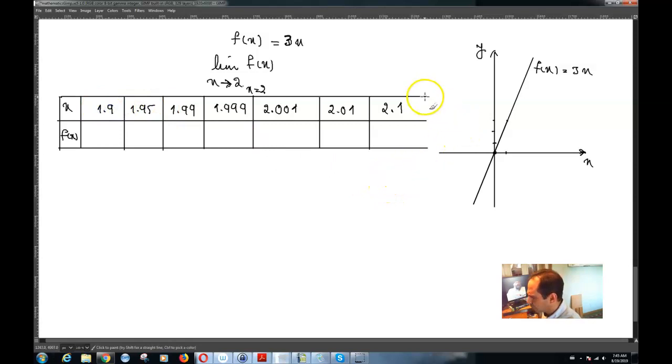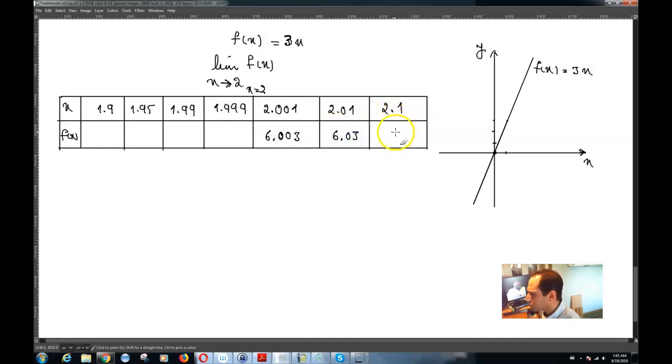So the outputs of the function for these inputs are going to be: for 2.001, 6.003. For 2.01 the output is 6.03.